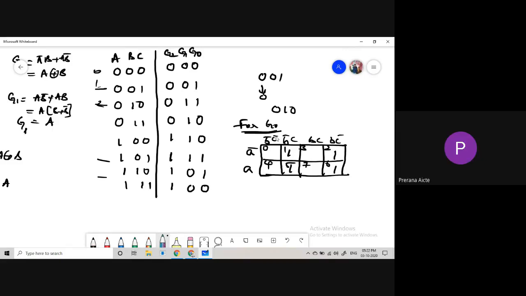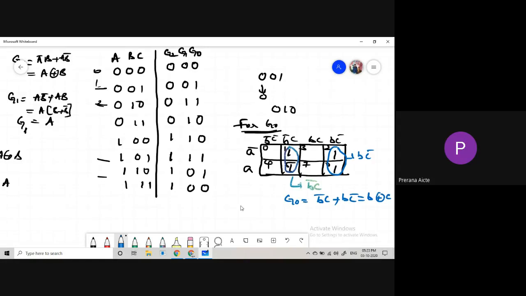For 1 and 5, we are getting B bar C only. For 2 and 6, we are getting B C bar only. So G0 is equal to B bar C plus B C bar. So it is equivalent to an XOR gate: B XOR C.